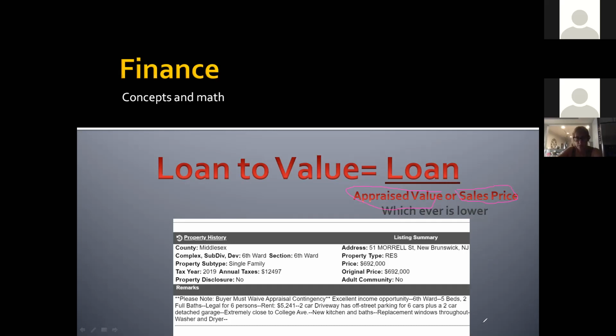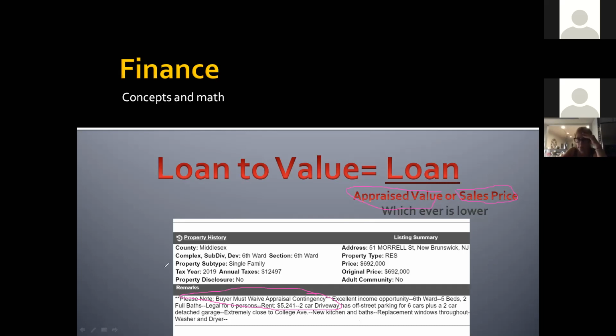This is a $692,000 property in New Brunswick, and they're telling you right here, the buyer must waive the appraisal contingency because they know that the sales price, in this case, is going to be $620,000. They know it's only going to appraise at $500,000. So they're telling the buyer right off the top, your loan to value ratio is going to be way out of whack. So you better be prepared to come to closing with an extra $100,000.